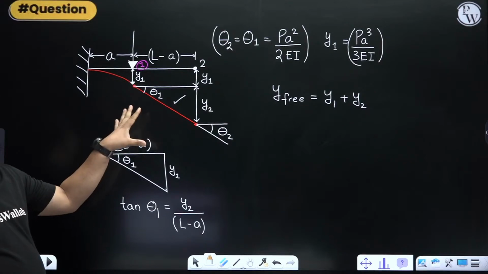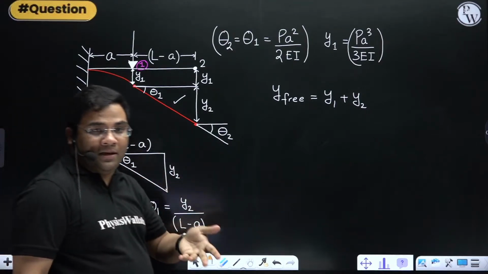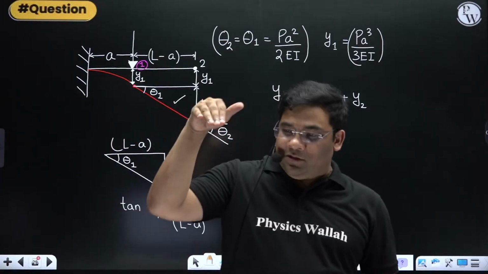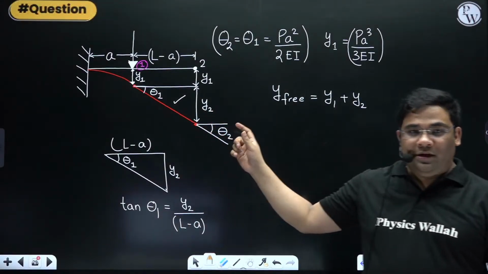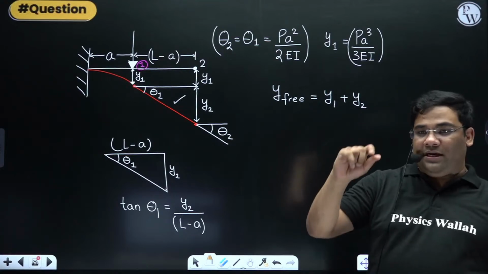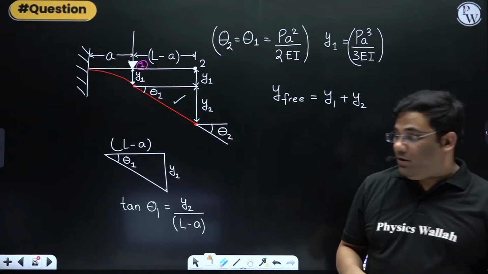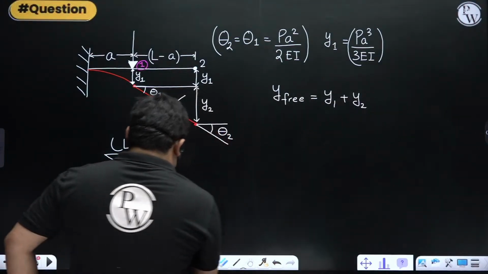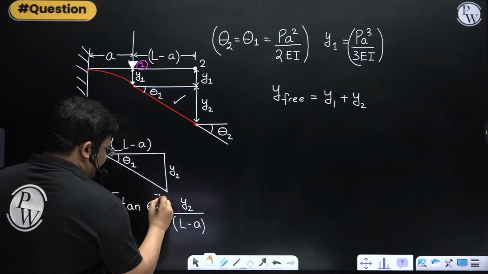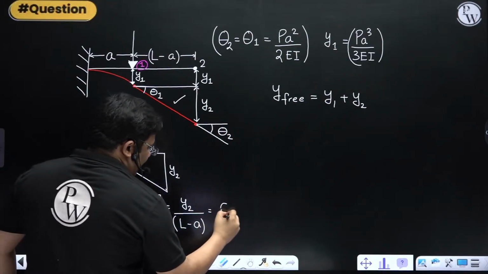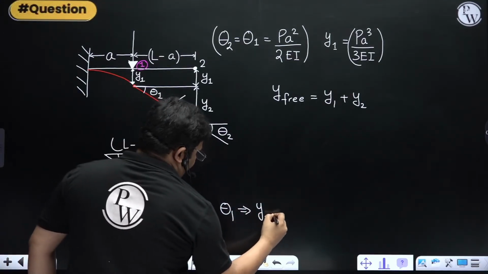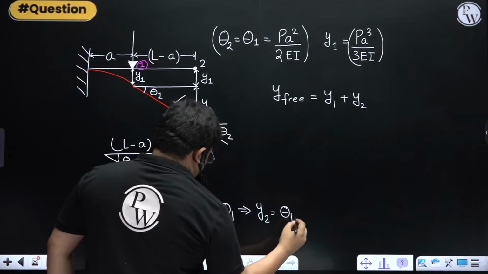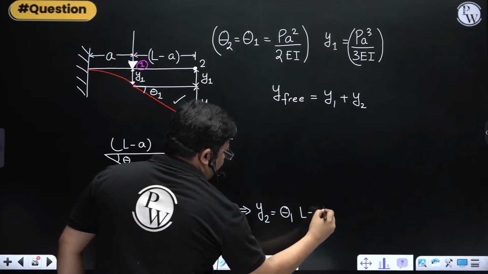Here I have drawn it very big because I am trying to explain. In deflection, the beam doesn't bend like this. In reality, the deflections and angles will be very small. For small angles, tan theta 1 will be equal to theta 1. So y2 will be theta 1 into L minus A.